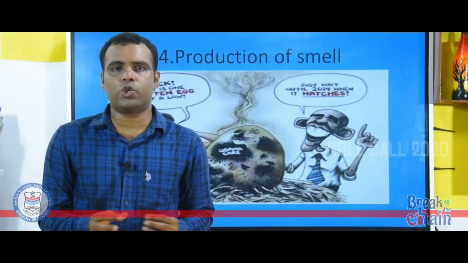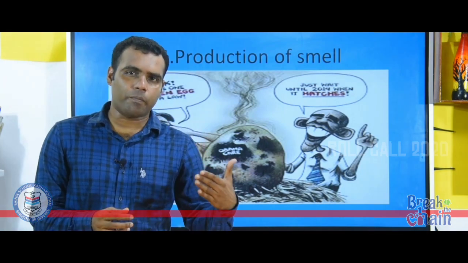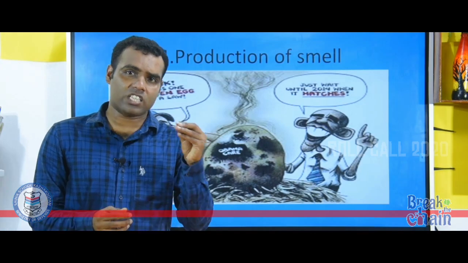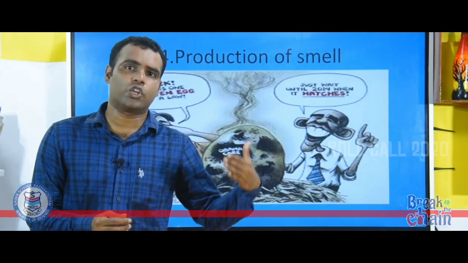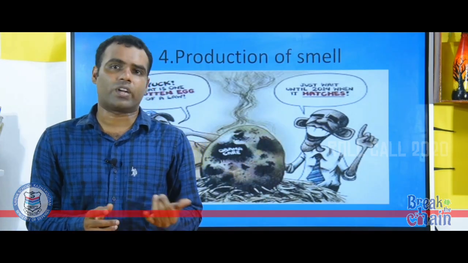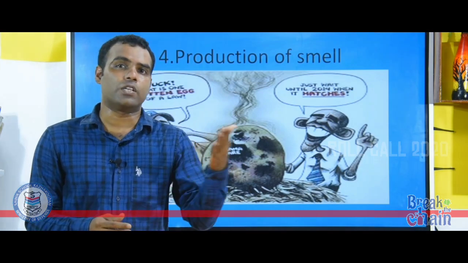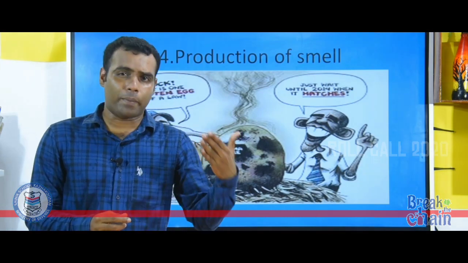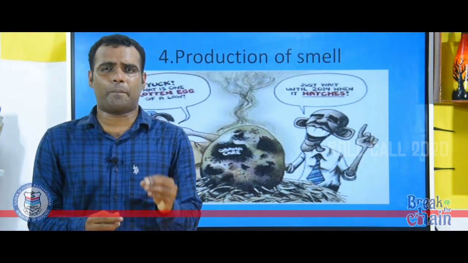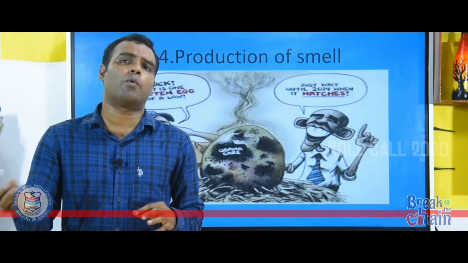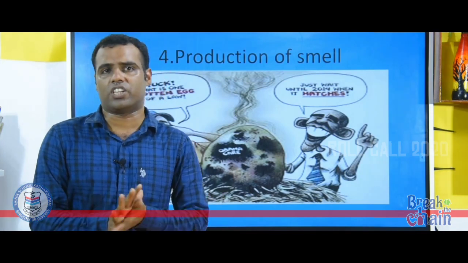Sometimes during the evolution of gases, there may be a characteristic odor or smell. This is also due to the evolution of gases. For example, consider burning a piece of plastic. During burning, you will observe a pungent, irritating smell because of the evolution of some poisonous gases from the plastic.